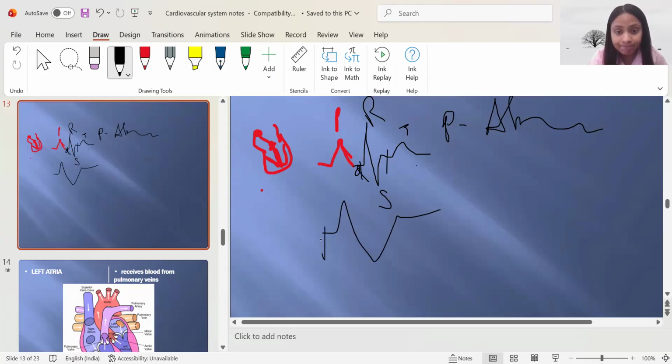Wide means they're taking a lot of time to contract. A good QRS complex is always less than 2.5 small boxes on the ECG.